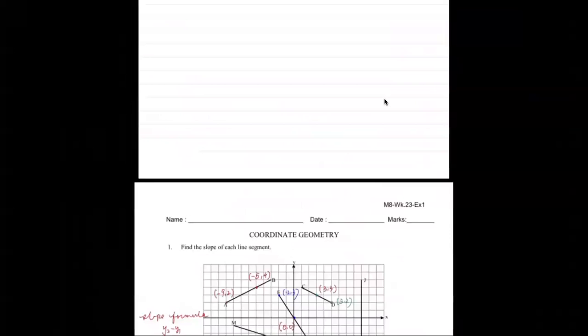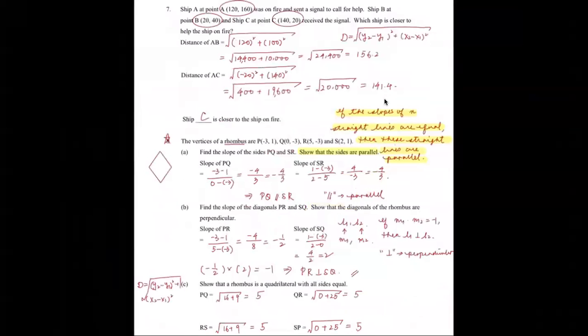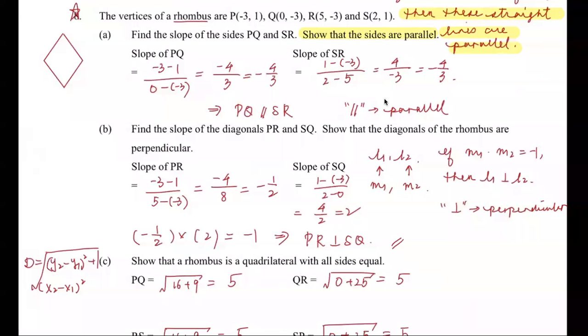One is the slope formula, right? And the other is the distance formula between 2 points, right? So if you remember these 2 formulas correctly, you can do most of the questions, okay? But you also need to remember the 2 conclusions that we learned here, okay?